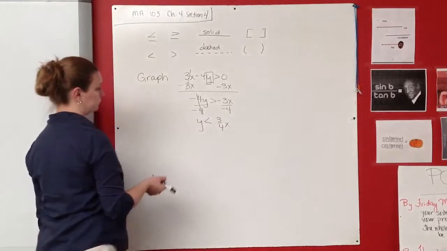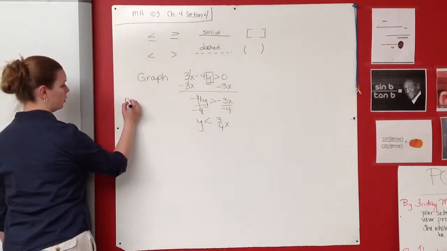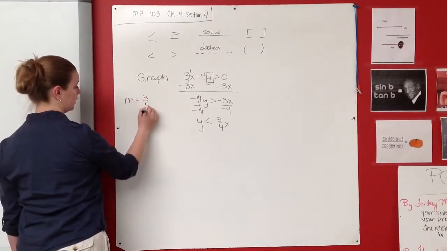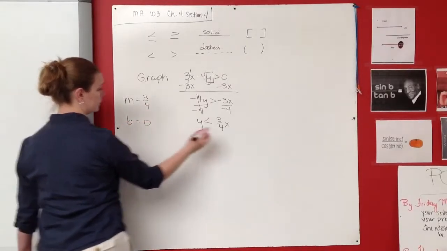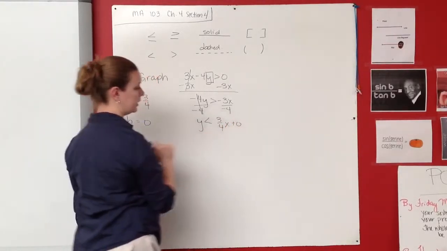All right. Now, what that means is our slope is going to be 3/4. And our y-intercept is actually 0 because there is no constant hanging off the end there.